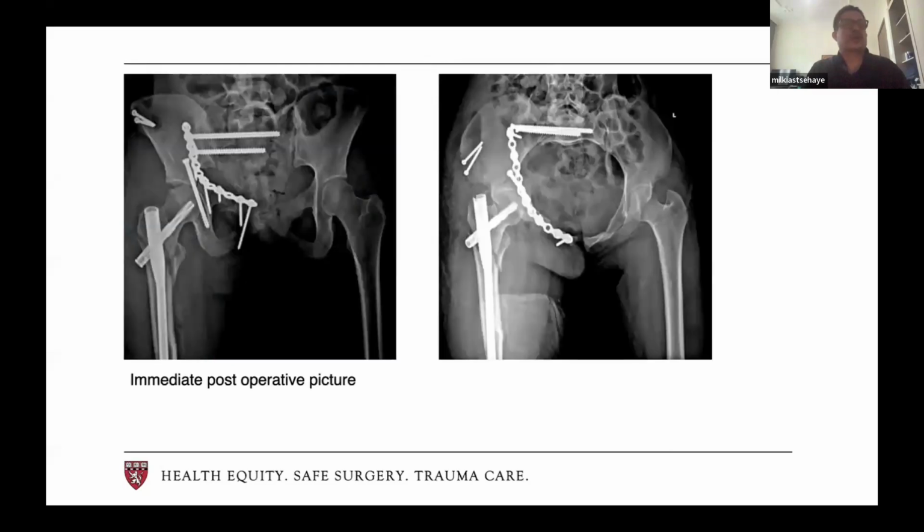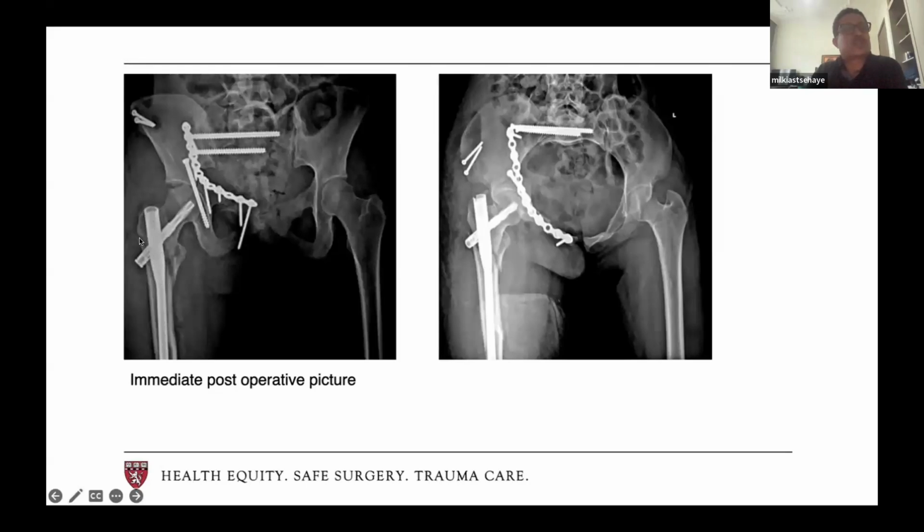What we did was position the patient supine and address the lower limb fracture initially. We put her on a traction table and used a long PFN nail with a helical blade addressing the pertrochanteric, femur neck and shaft fractures.